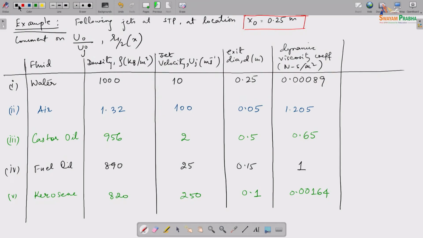The Reynolds number is equal to rho Uj d by mu. So let us calculate that.